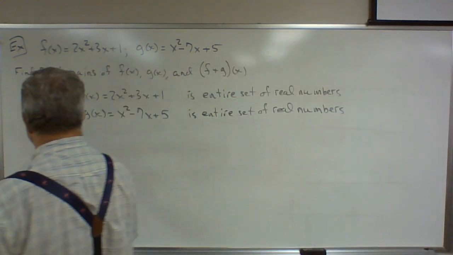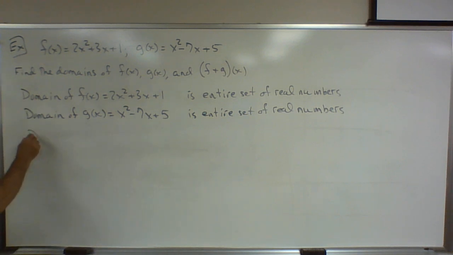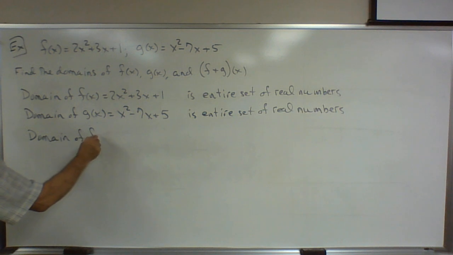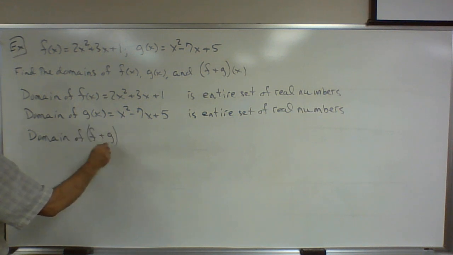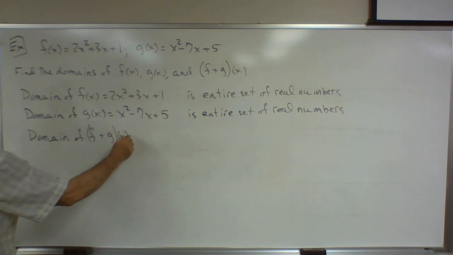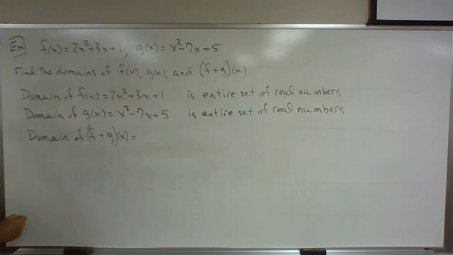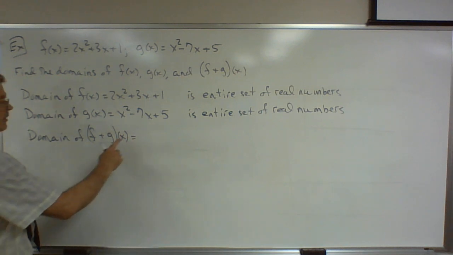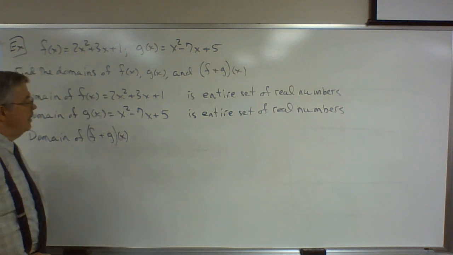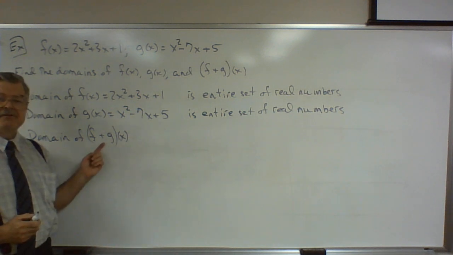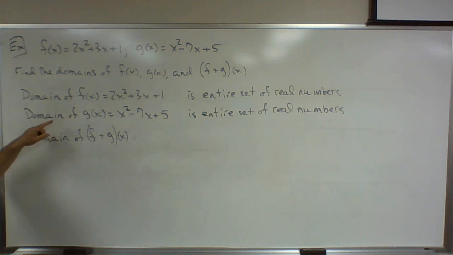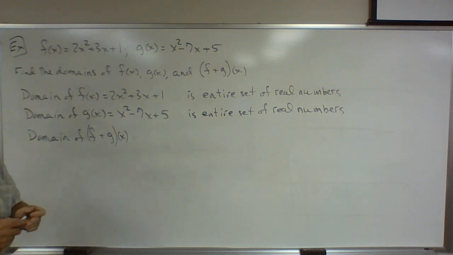Now the domain of f plus g. We exclude from this domain any x value that's not in the domain of g of x and any x value that's not in the domain of f of x.